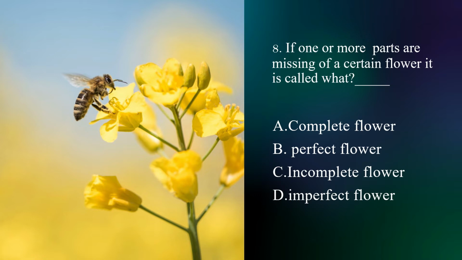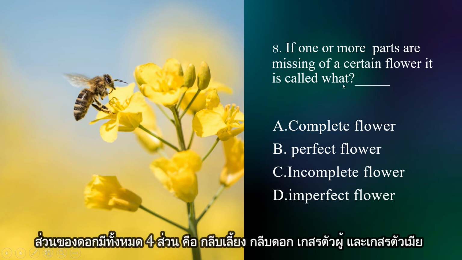A. Complete flower. B. Perfect flower. C. Incomplete flower. D. Imperfect flower. Okay, in a flower we have the most important parts: sepal, petal, stamen, and pistil.